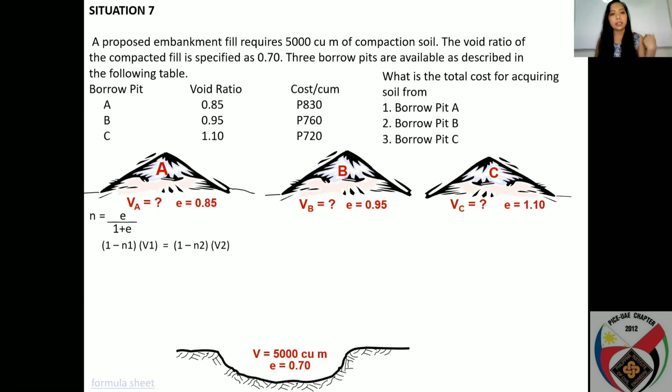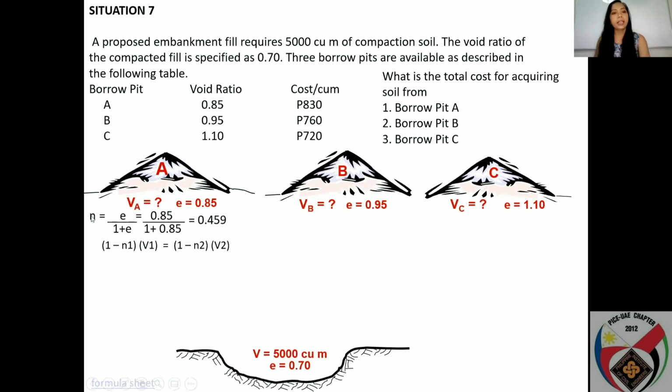I'll plug in e, given 0.85, over 1 plus 0.85. Solving for N, I have 0.459. That is your porosity.